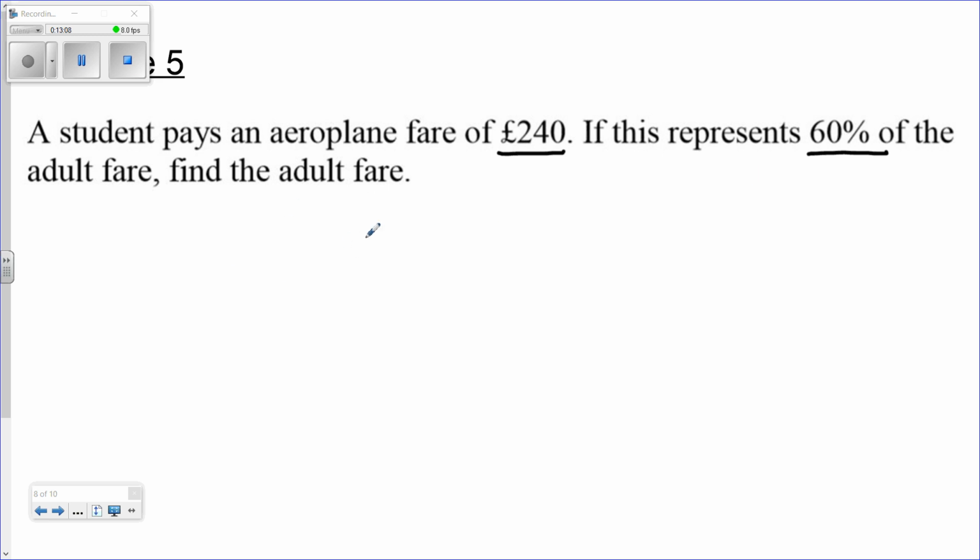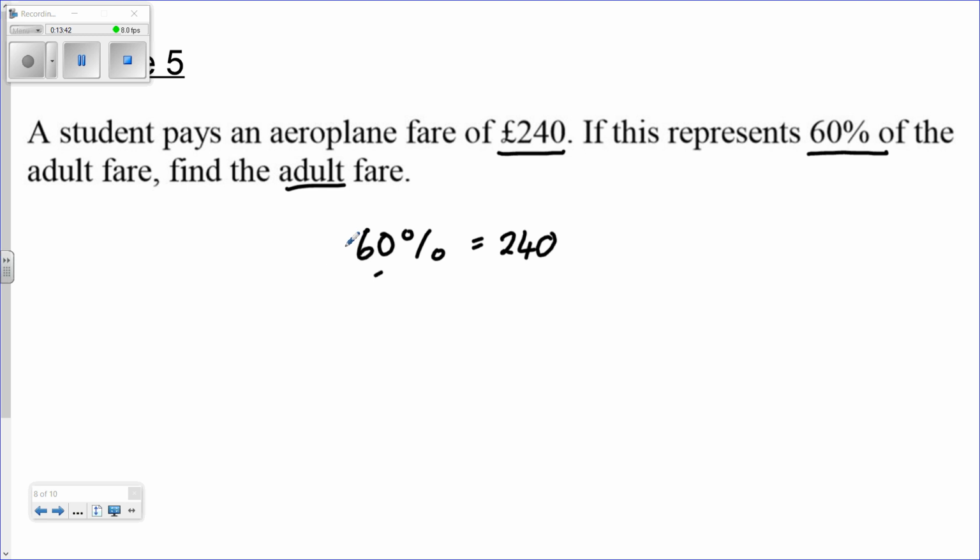It's telling us that 60% is actually worth £240. So the adult fare is 100%, right? And the child's fare is worth 60%. So we want to find out, what is the adult fare? The adult fare is the 100% value. That is the value before there's the reduction for the child ticket.